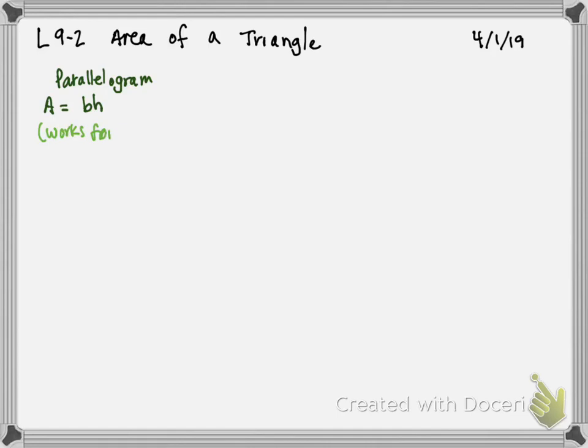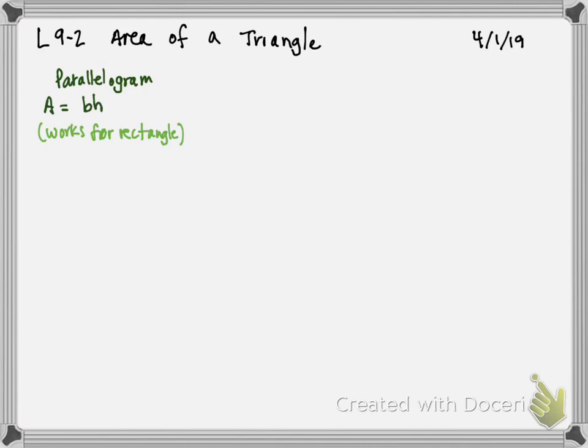Same formula. Because it turns out with a rectangle, the base is like that bottom of the parallelogram and the height is the left side. Since it's a rectangle, the height is at a right angle to the base.